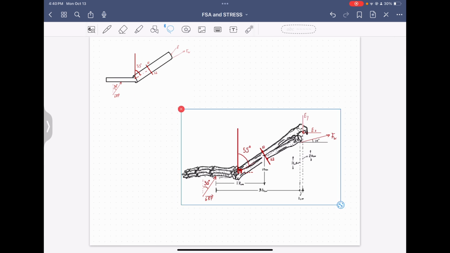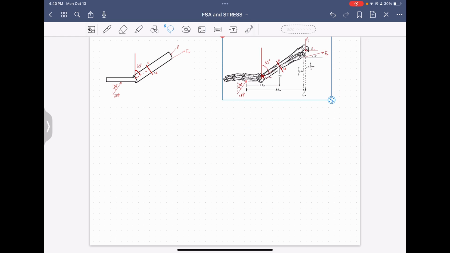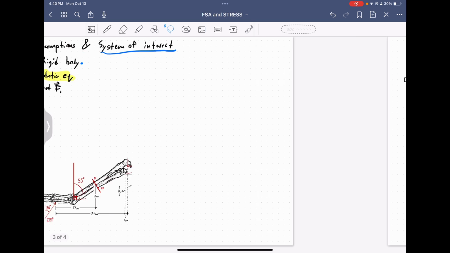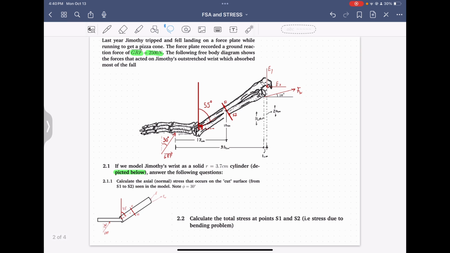We want to find the axial stress. What does it exactly say? Calculate the axial stress that occurs on the cut surface seen in the model. So here, axial, we're just looking for the force that is normal to this surface. So we just want the axial stress. We're not worried about bending yet.